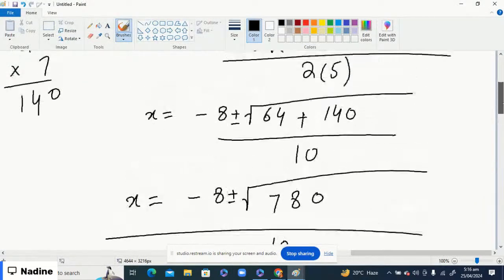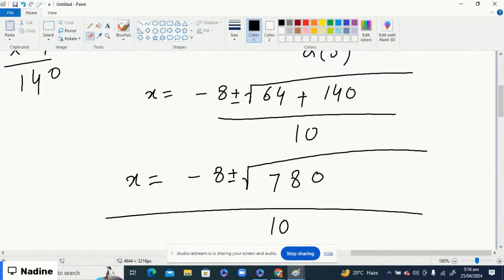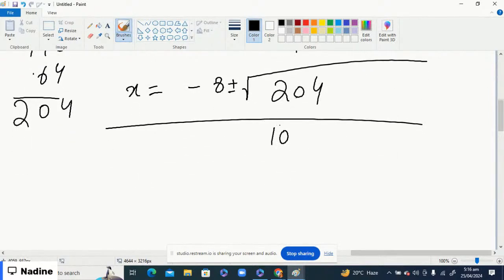I am adding in a wrong way. It's not like that way. Just adding 140 and 64 for 204. Okay. Now is there any square root of 204? No, there is no square root of 204.